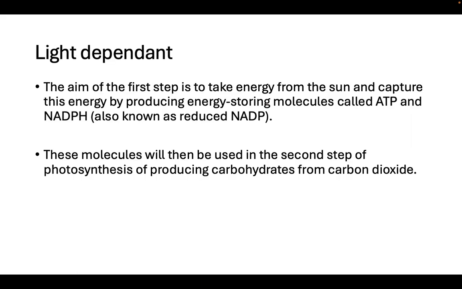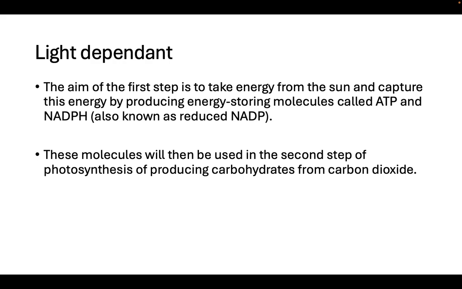So just to summarize the idea behind those two stages, I guess you could describe that the aim of the first step, the light dependent step, is to take energy from the sun and capture this energy within the energy storing molecules.